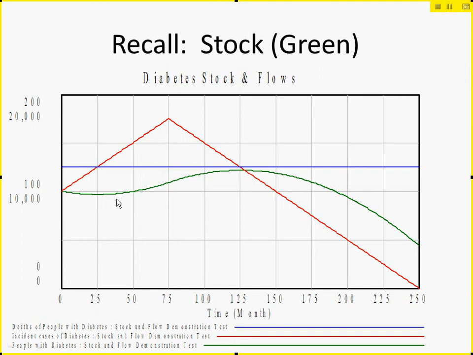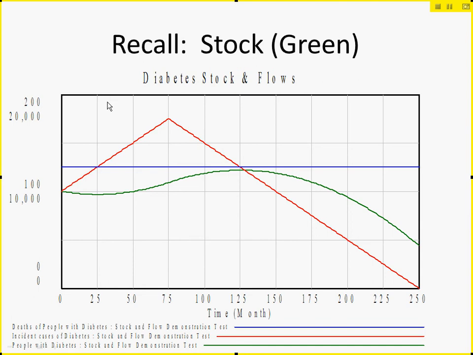Assuming that these inflows and outflows are predefined, they're exogenous, they are defined without depending on the value of the stock, how would the value of that stock change if we had started originally with 200 people? Yeah. It would just be translated upwards vertically by 100 units. Okay.